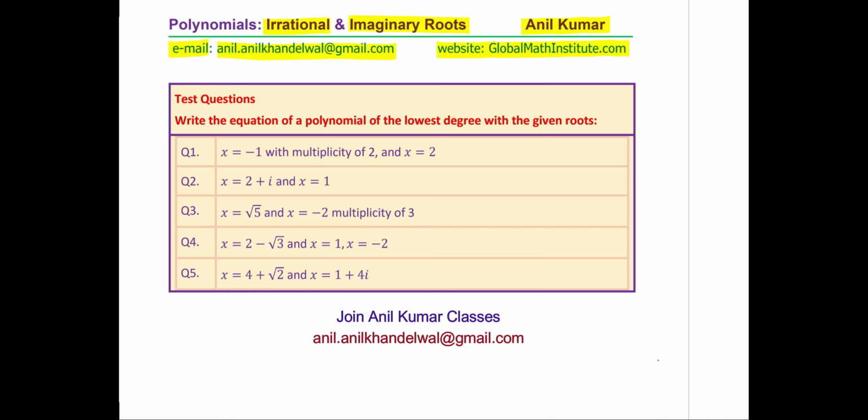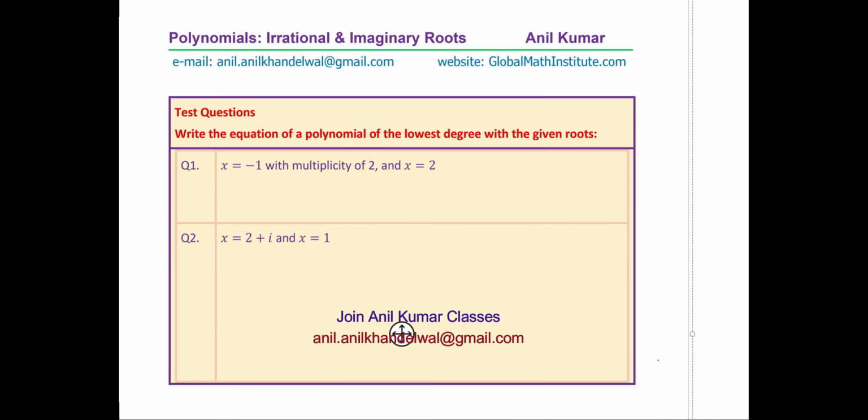Now let's take the solution of the first 2 questions, where we need to find the equation of polynomial of lowest degree with the given roots. So the first one is straightforward. We have roots at x equals to minus 1 with multiplicity of 2 and x equals to 2. It really means that the function f of x could be written as: root x equals to minus 1 means the factor will be x plus 1, correct?